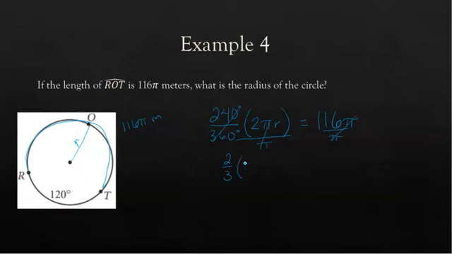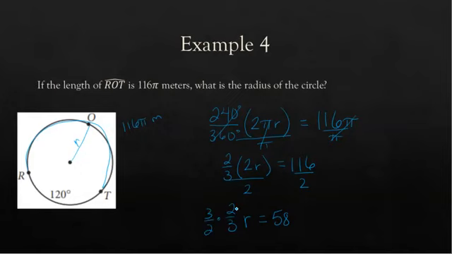So 2/3 of 2r is equal to 116. Now I'm going to divide by 2 next. I'm trying to get r by itself. So I have 2/3 r is equal to 58. Now when I have a fraction, if I multiply by the reciprocal, it would be 1.